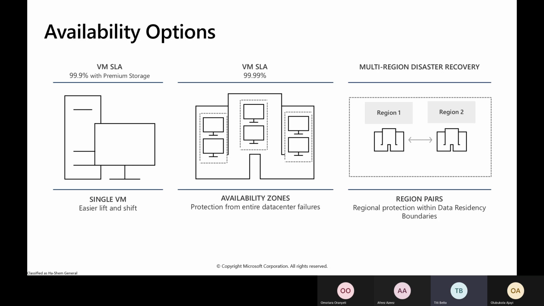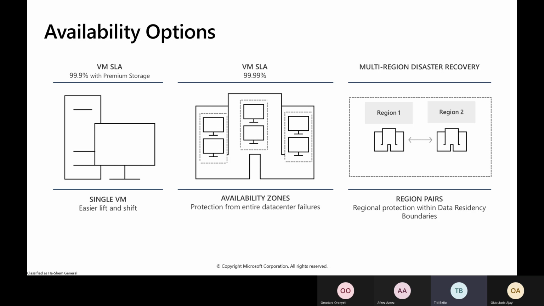So the moment you enable geo redundancy, it makes a copy of your services in multiple data centers across multiple regions. That way you are protected from single resource failure, data center failure, and region failure.